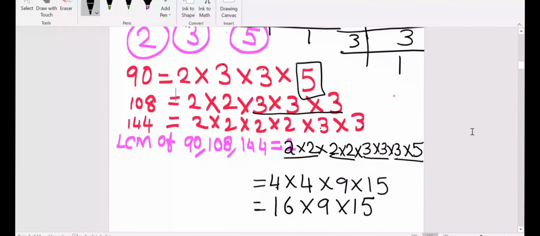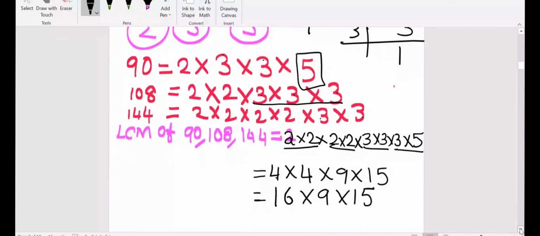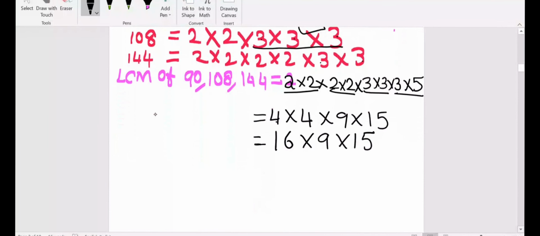So what is the next step here? 16 into 9. We'll find out 16 into 9. 9 into 6, 54. 1 into 9, 9 plus 5, 14, 144 here.